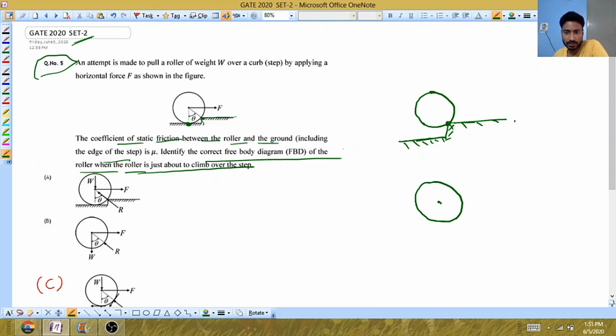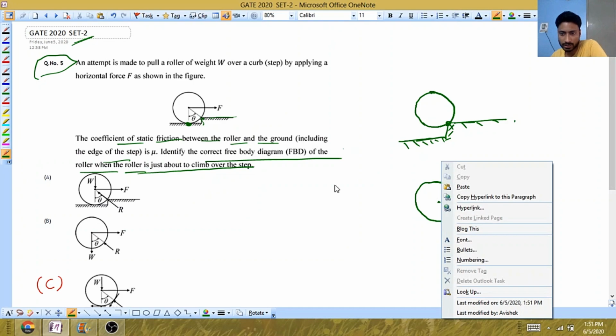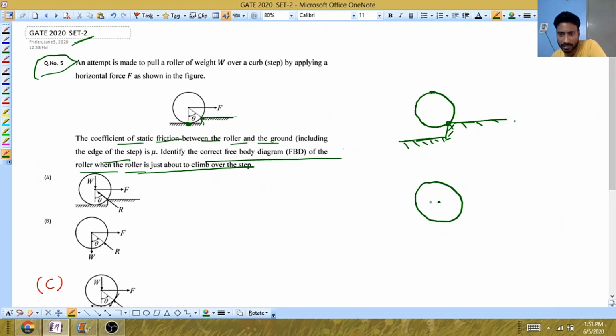The weight of the roller is given as W. You know that weight always acts in the downward direction. So this is weight W that acts from the center. Since it has lost contact with this horizontal surface, you will not observe any vertical or normal reaction, so no need to consider that.